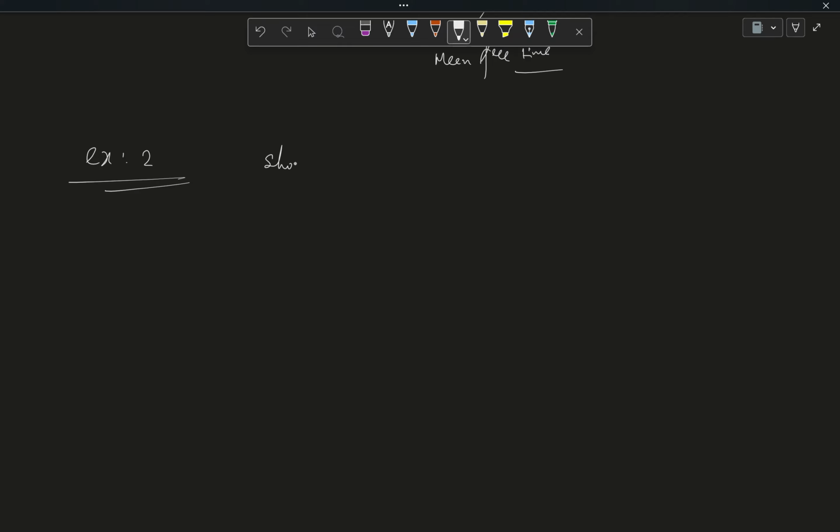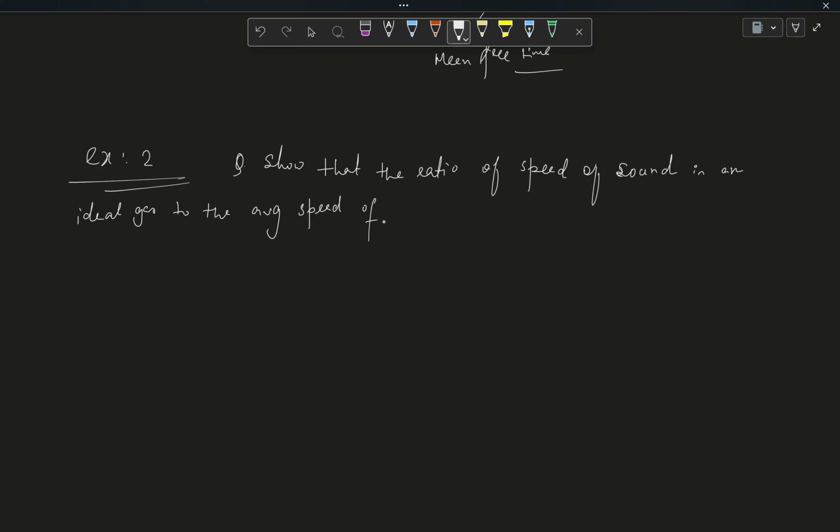The question is: show that the ratio of the speed of sound in an ideal gas to the average speed of its molecules is root over of gamma pi by 8, where gamma is equal to Cp by Cv.